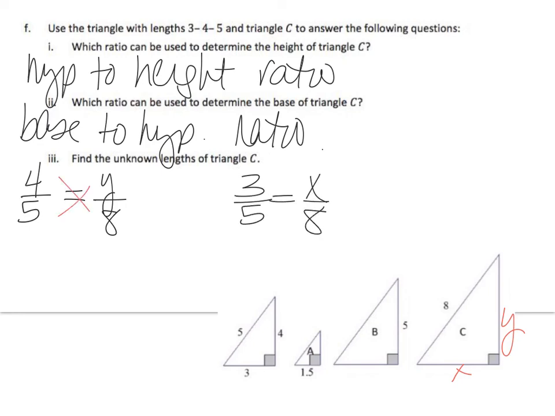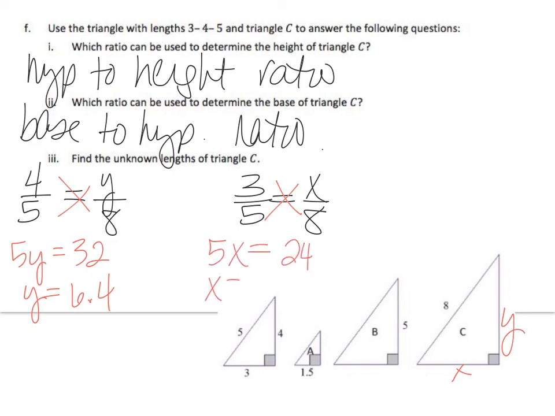Okay, cross multiply. 5y equals 32. Y equals 6.4. Cross multiply. 5x equals 24. X equals 4.8.